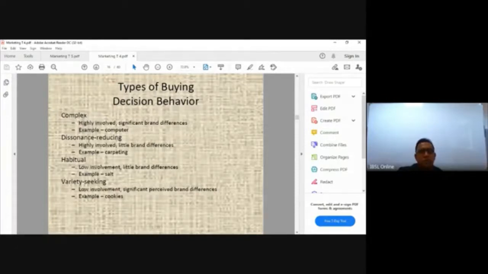Then dissonance reducing, which involves little brand difference. Dissonance is a post-purchase feeling.